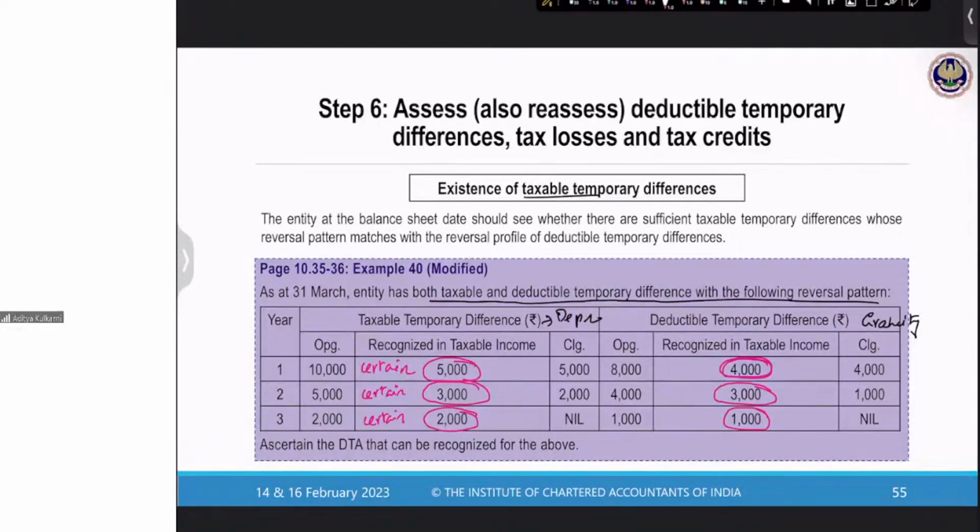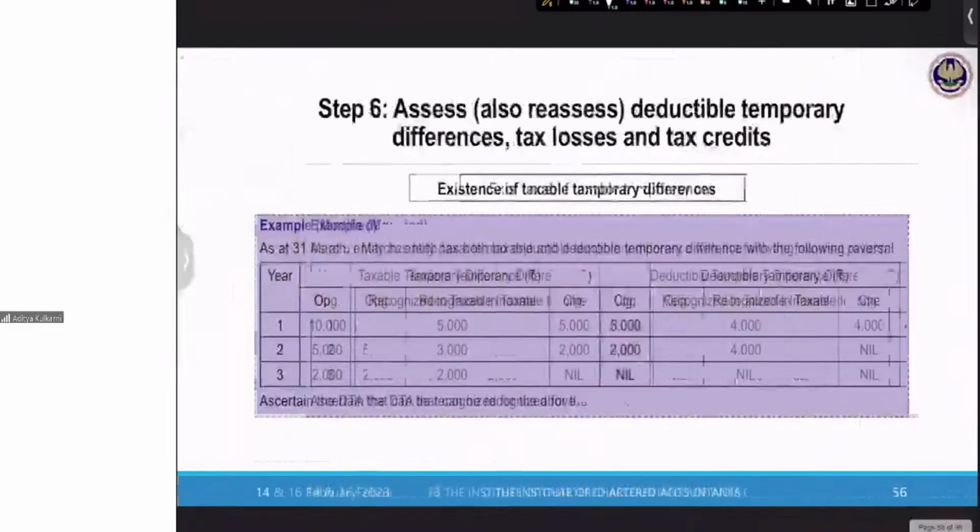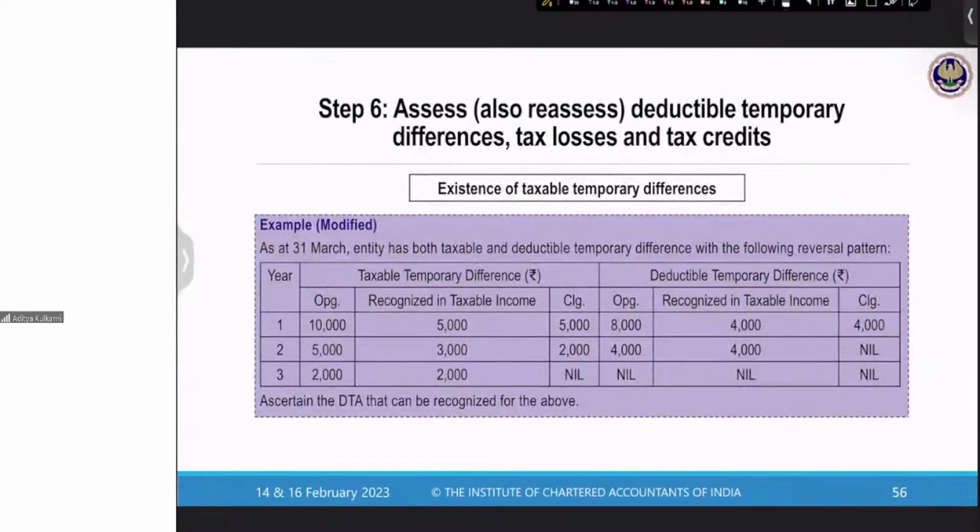So what is the DTA that you can recognize for the above? Recognize the entire DTA. Why can I recognize? Because I have adequate taxable temporary differences which are getting reversed in a similar manner as the deductible temporary differences.